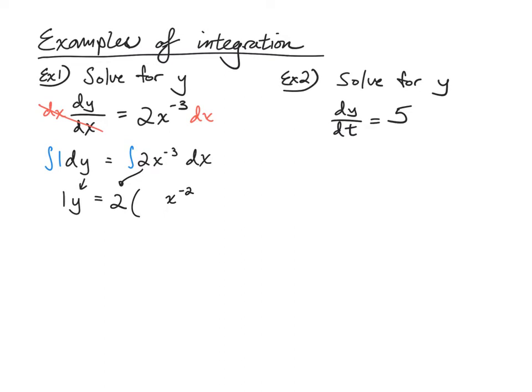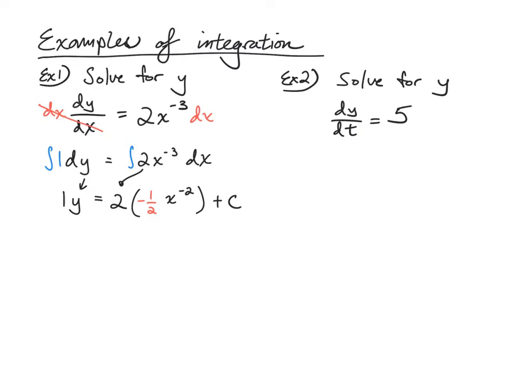And then I can represent this one of two ways. The first way is I could divide by the new exponent. I tend to multiply by the reciprocal of the new exponent. So the new exponent is negative 2. The reciprocal of that would be negative 1/2. Plus c.